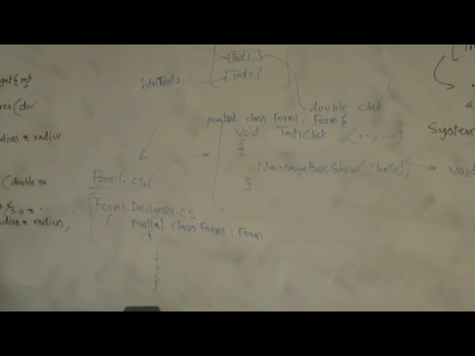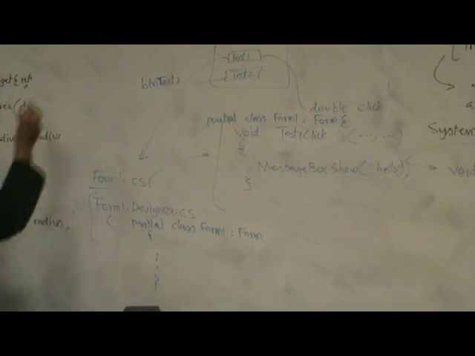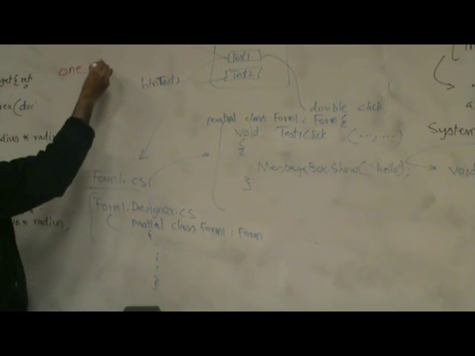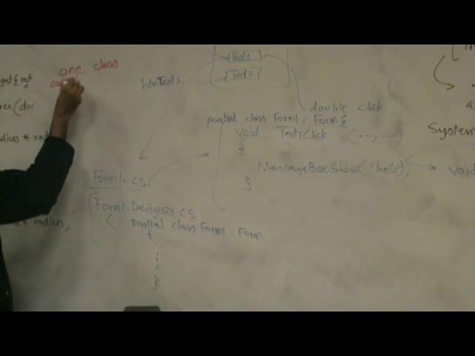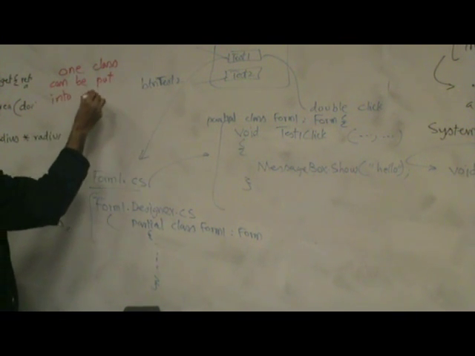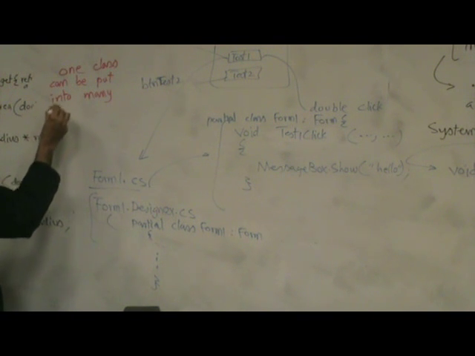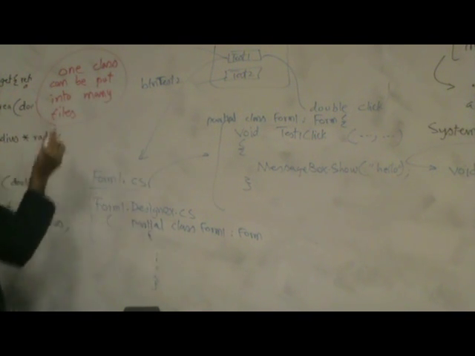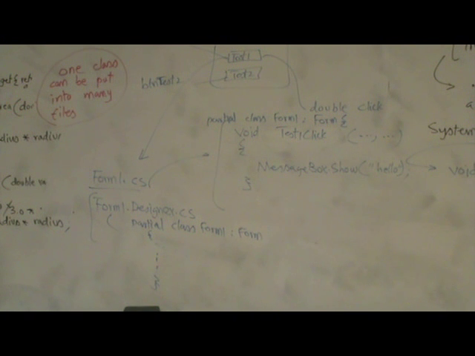Okay, so let me explain first the concept of partial classes. In C#, one class can be put into many files. This is totally opposite to Java. In Java, the file name is strongly tied to the class name.